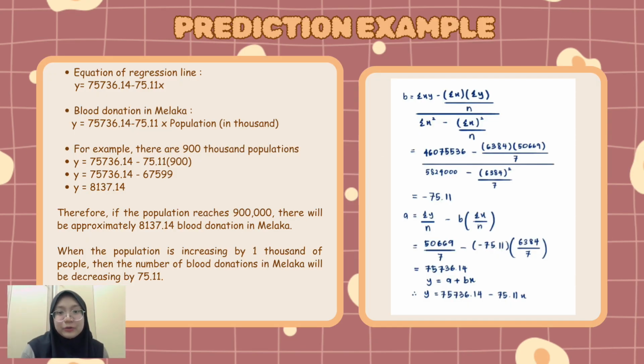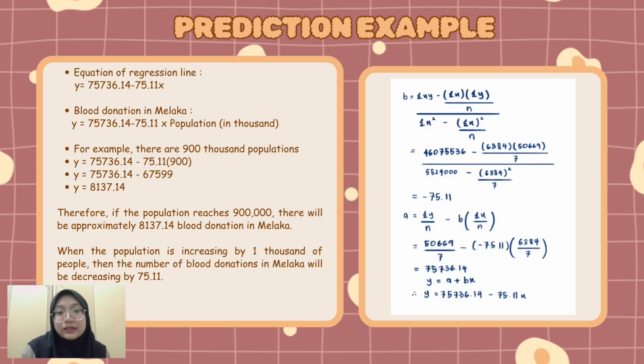Next, I will continue to the next slide, which is a prediction example using the equation of the regression line. The equation of the regression line is y equals bx plus a. In order to get the y value, we have to calculate b first and then a.